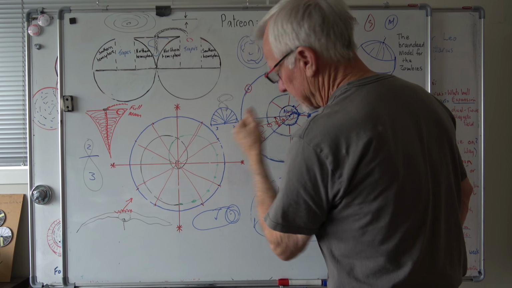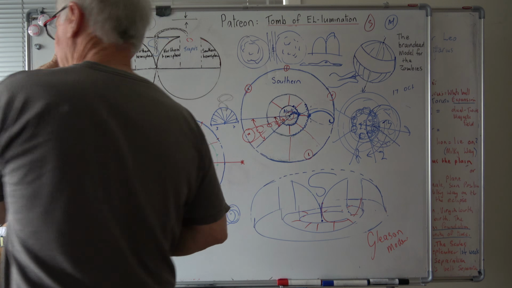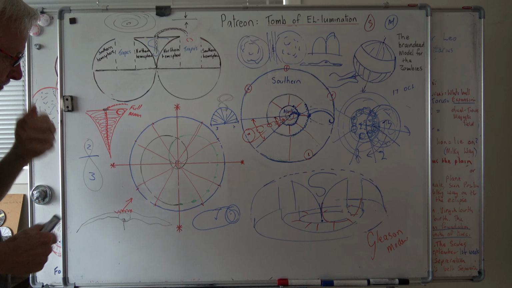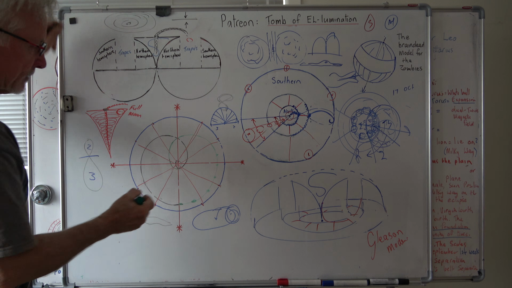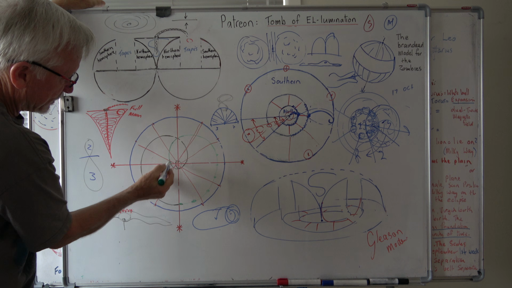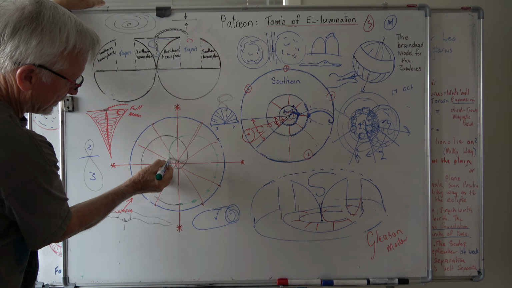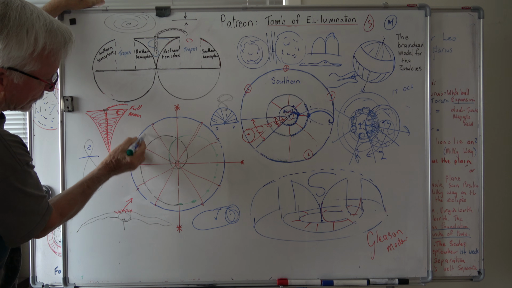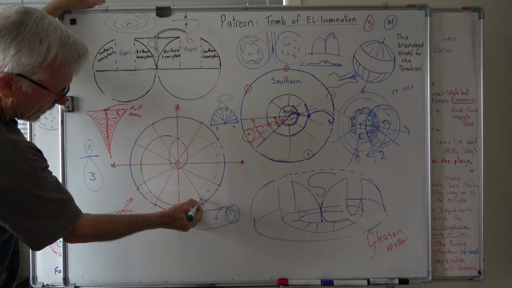Look, or maybe it's the other way around. I get things back to front at times. This races into here, so I'd say this is a shorter time in that zodiac sign, and a longer time out here.